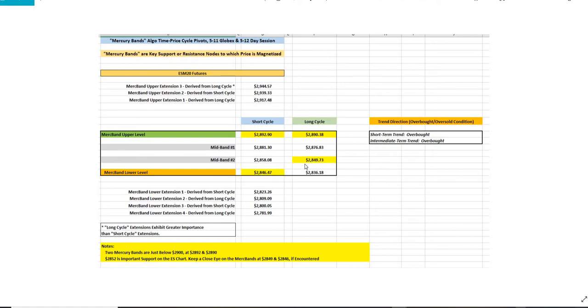And then the really important levels were 46 and 47. I put a note on here to keep an eye on 28.52. Very important support on the chart because if that broke, then that gets you down into these 2 Mercury bands at 49 and 46. And if those break, then you've got problems, and that's exactly what happened today.